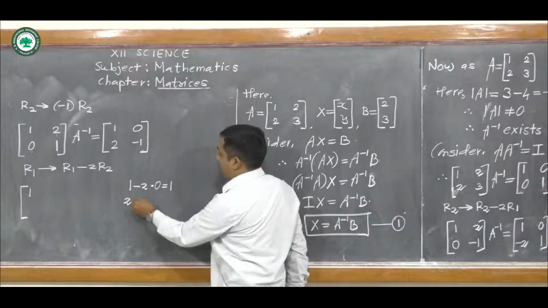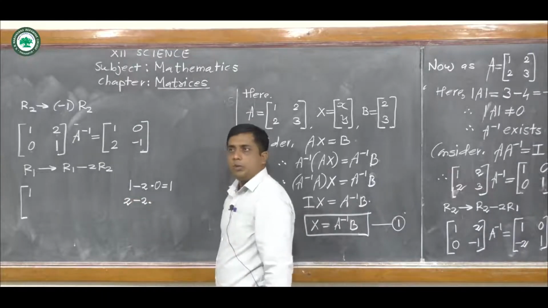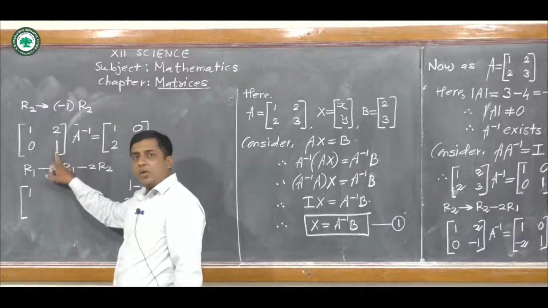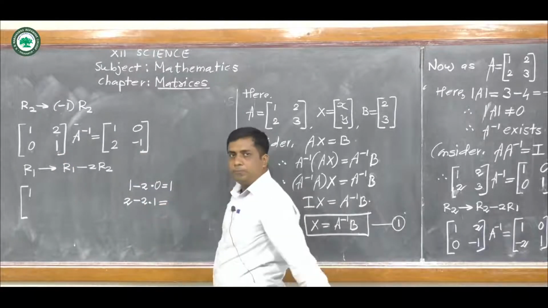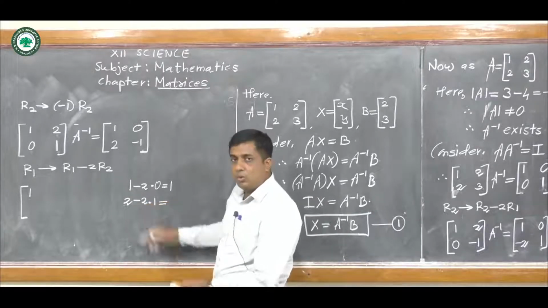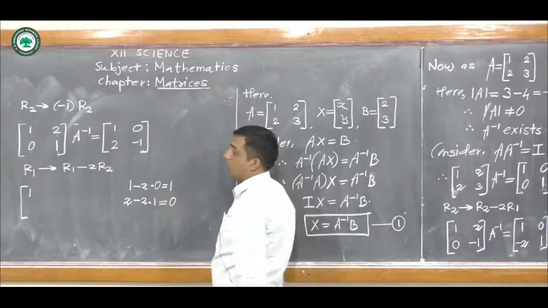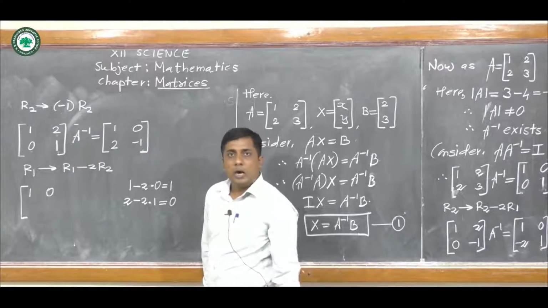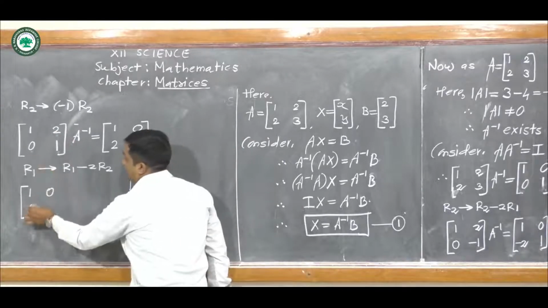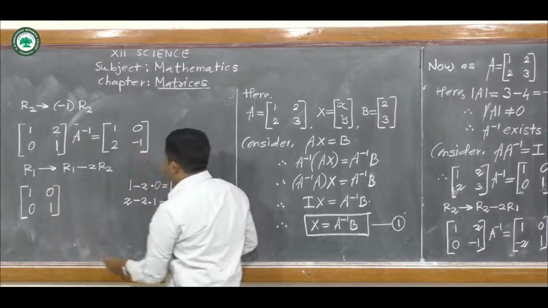Then with minus sign 2 into the second element from the second row, which is 1. So here 2 minus 2 is 0. So here in the position of 2 we get 0. Now we keep the second row as it is, that is this 0 1 as it is.